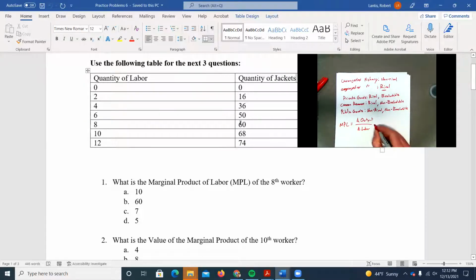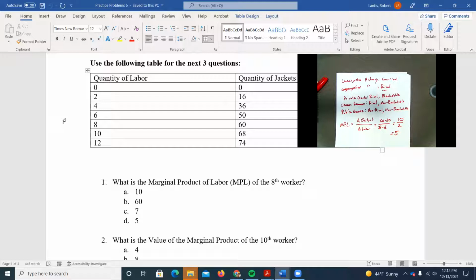There, 50 to 60, that change in output was 10, divided by how many additional units of labor I added. I went from 6 to 8. So my marginal product of labor for that 8th worker would be 5, okay?